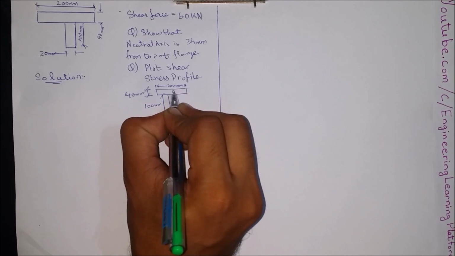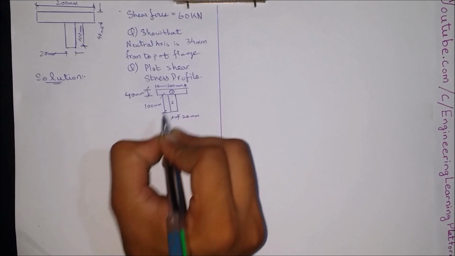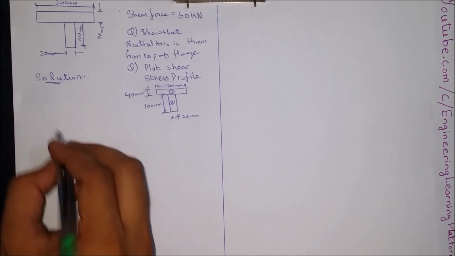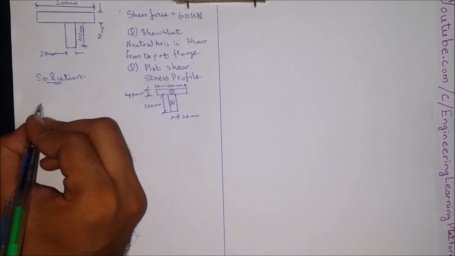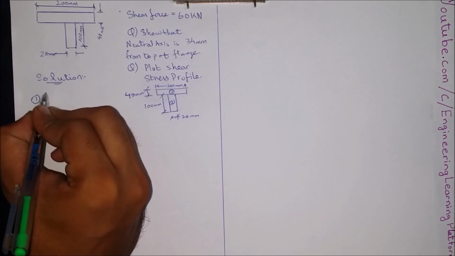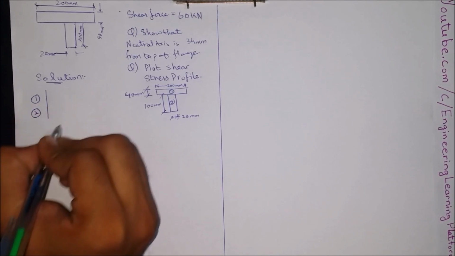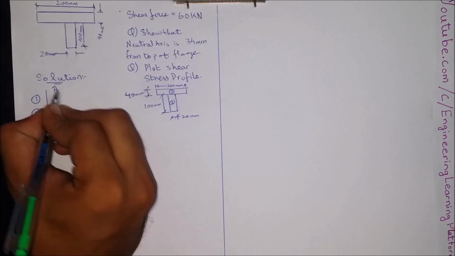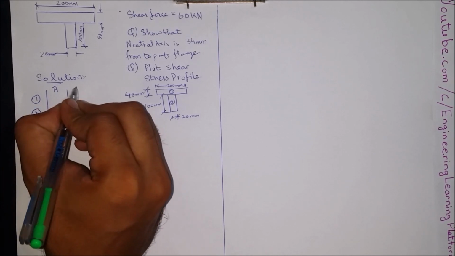Let's call this shape number 1, this shape number 2. For finding out the centroid, note that in previous videos we have discussed in detail the calculation of centroid.